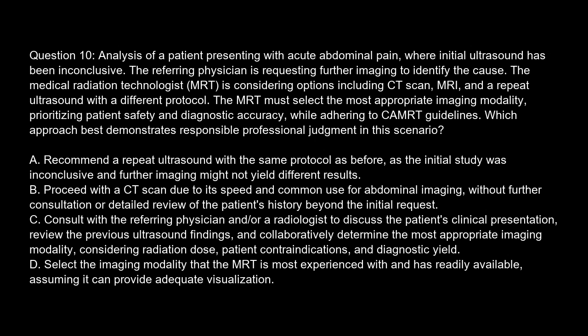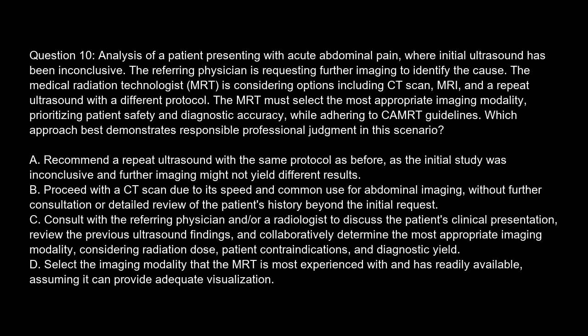Option A. Recommend a repeat ultrasound with the same protocol as before, as the initial study was inconclusive and further imaging might not yield different results. Option B. Proceed with a CT scan due to its speed and common use for abdominal imaging, without further consultation or detailed review of the patient's history beyond the initial request.